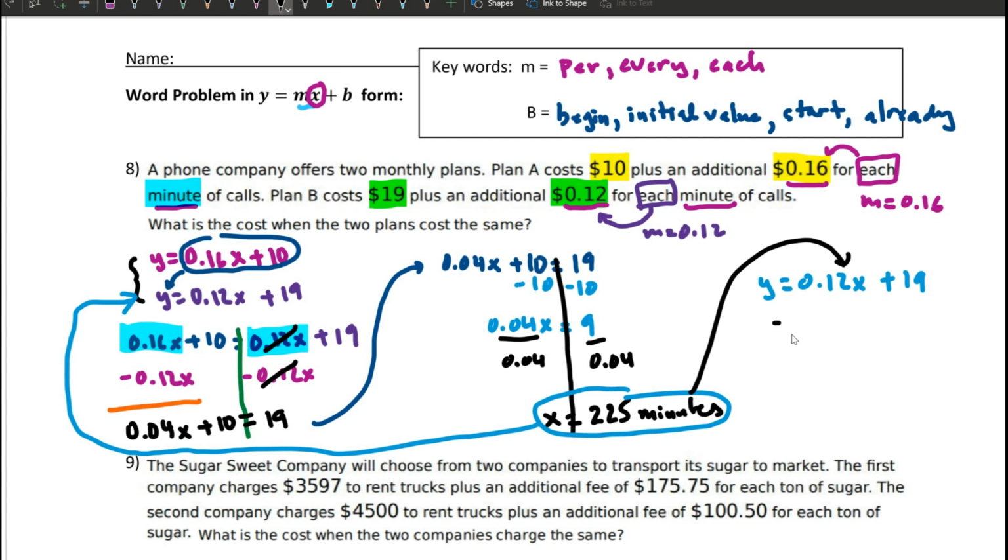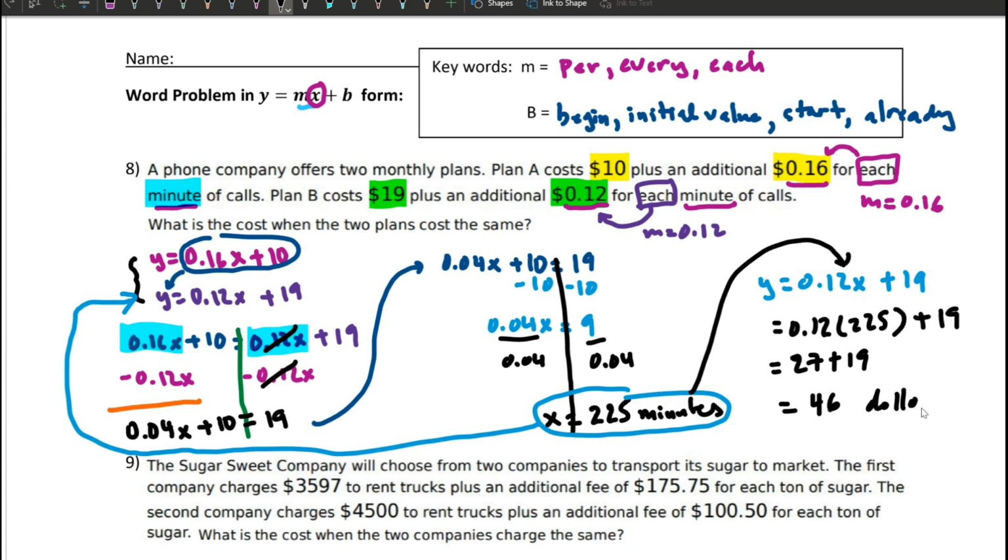So basically we see how much this costs for 225 minutes of calls. Okay. So 0.12 times 225, which is $27, plus 19. So that would be $46.